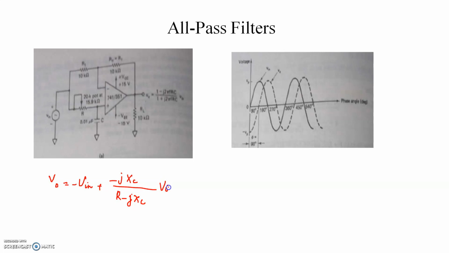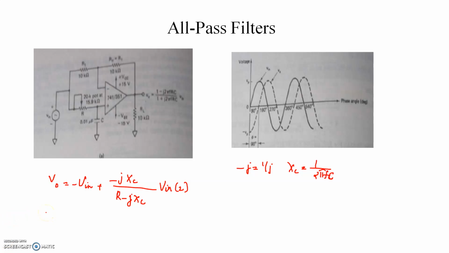Here we know that minus j equal to 1 by j and Xc equal to 1 by 2 pi fC.